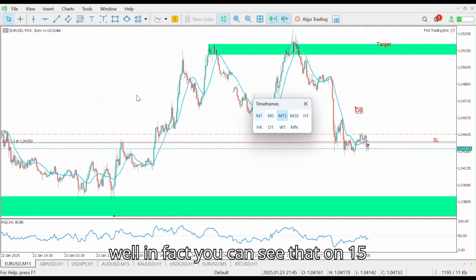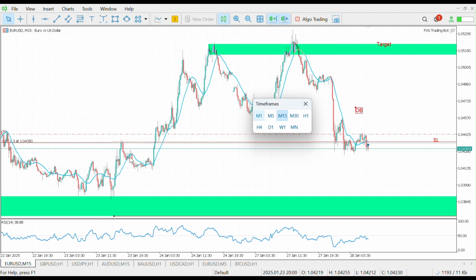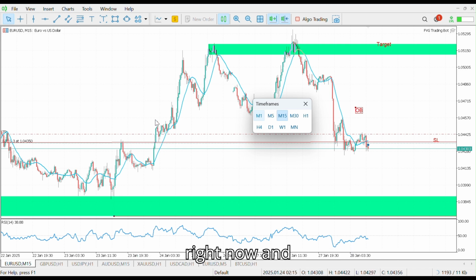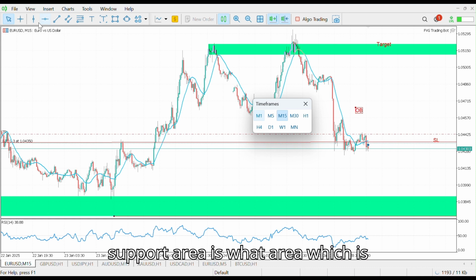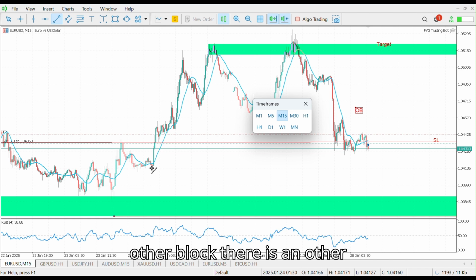Wow, interesting. So you can see that on 15 minutes we have our previous high. We have the market going down, and then a break where the market forms a new higher high, right? And you can identify that at this support area, there is an order block.